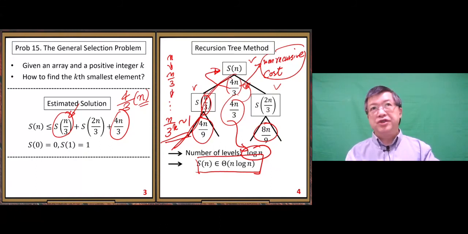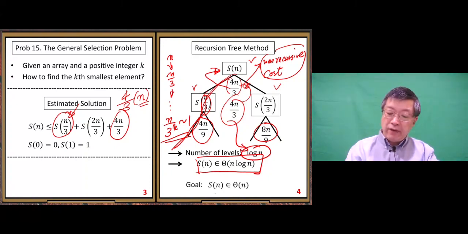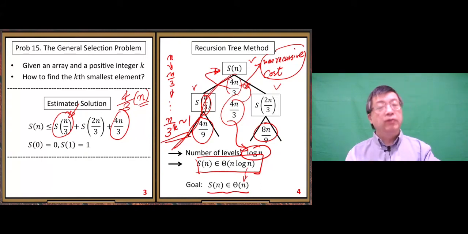Unfortunately, this estimate is not what we want. This result is not our goal. We want the linear function. Drop that log n; we don't want that log n. So, not good enough.